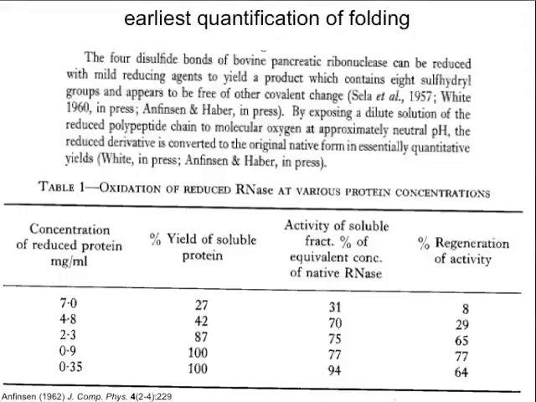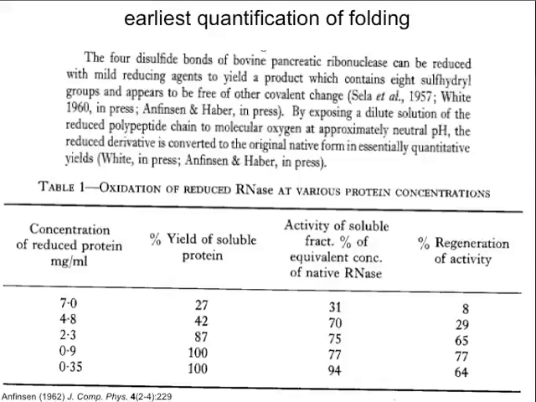And here I've taken some words and a table out of this very early paper. I'll remind you that Chris Anfinsen won a Nobel Prize for his work in characterizing protein folding and establishing the fact that proteins can fold and unfold without assistance. Let's just read.